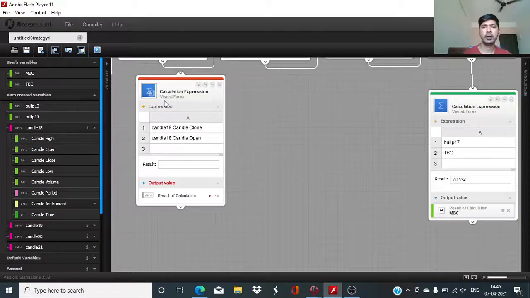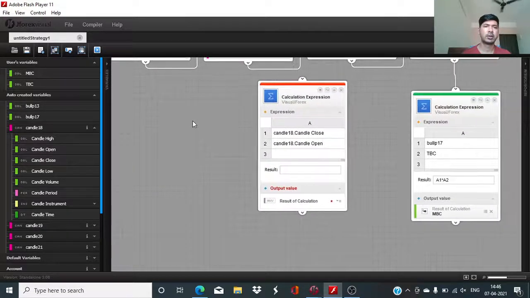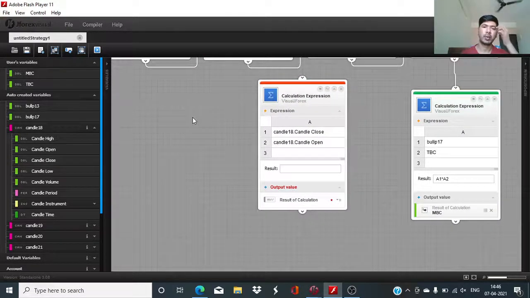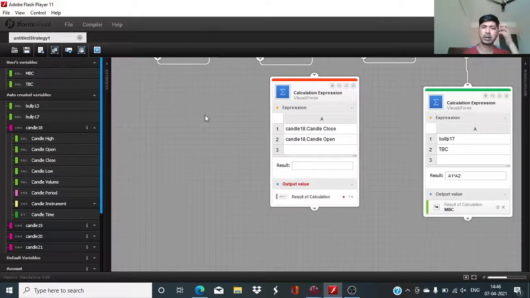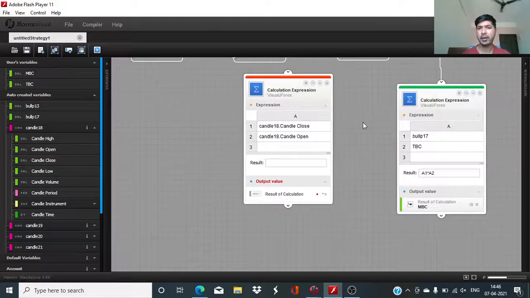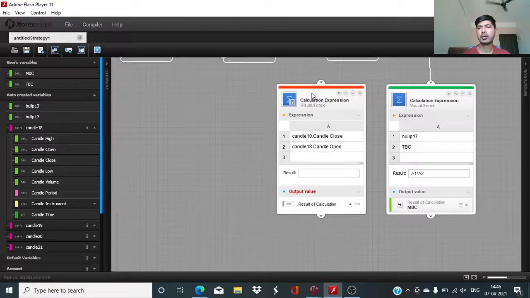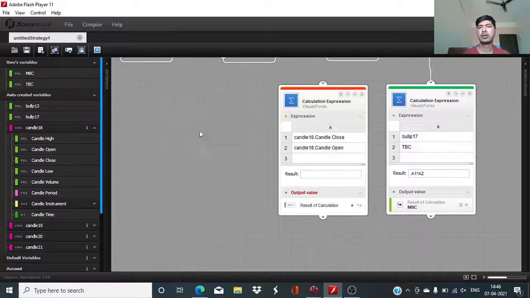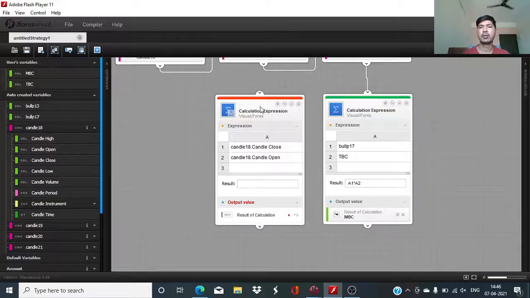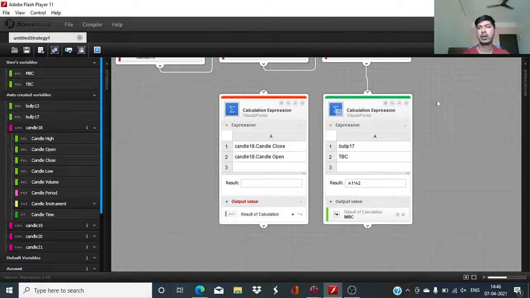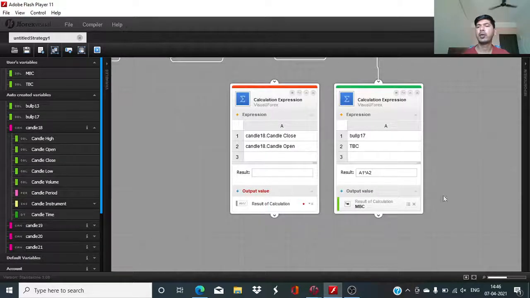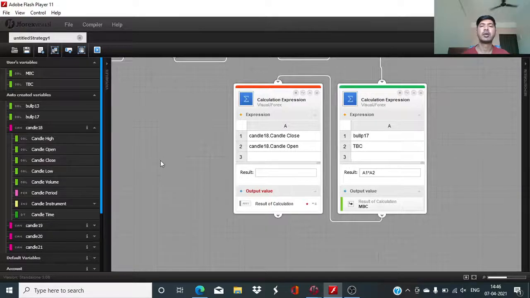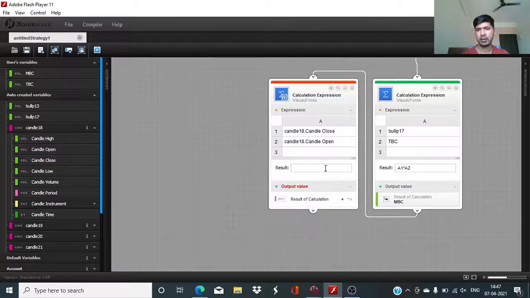And for the buy trade, the closing value should be higher than the opening value. So this difference will have to be positive. We will be adding additional condition that the closing should be higher than the open whenever we will start defining the condition for the buy trade.